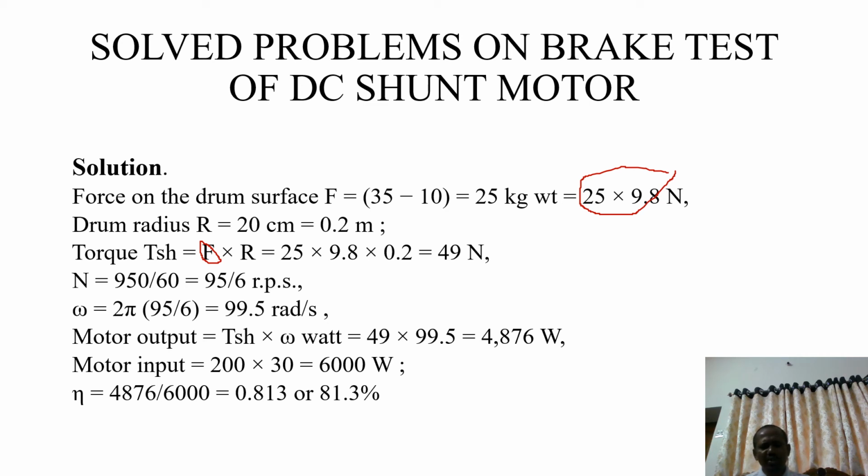Omega is equal to 2 pi n, so 2 pi into 95 by 6, which is equal to 99.5 radians per second. This is the angular velocity in radians per second.